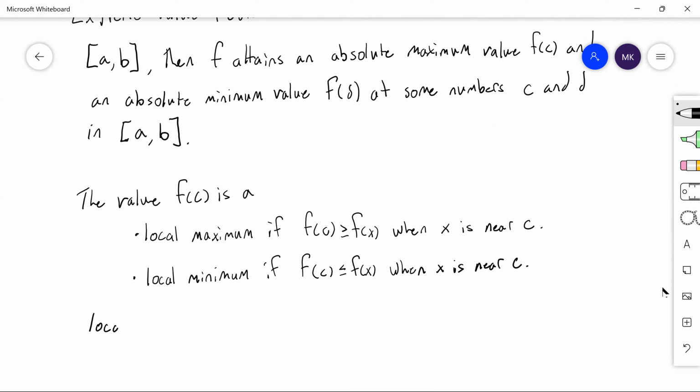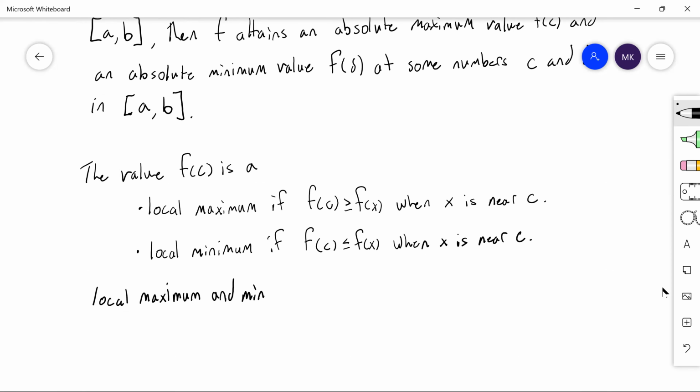What we do get is that local maximums and minimums are always a turning point.